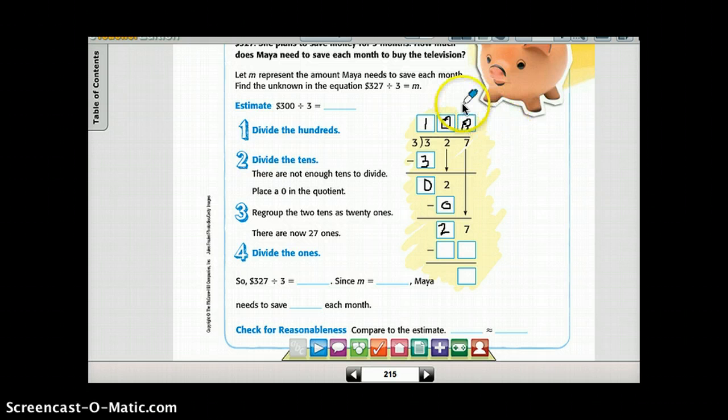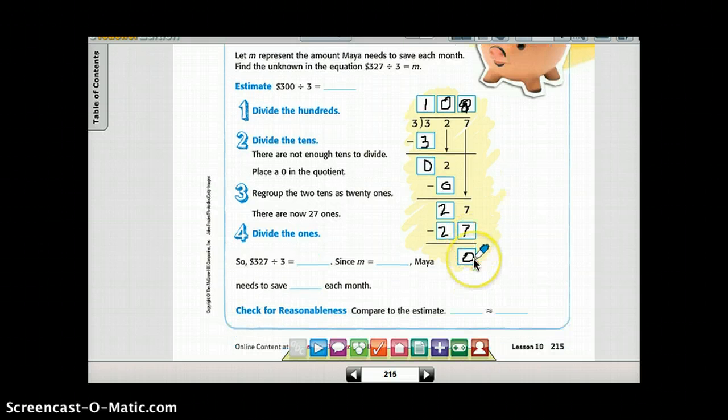Oops, sorry. 3 goes into 27 9 times. Know your math facts, guys. We're at a 9 here. Okay, 9 times 3 is 27. Sorry for my mistake. 27 minus 27 is 0, and I compare. 0 is less than 3, and so we're good. So a way to check it would be to multiply this 109 times 3, and we would get 327.